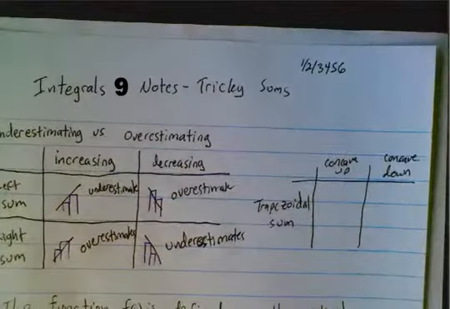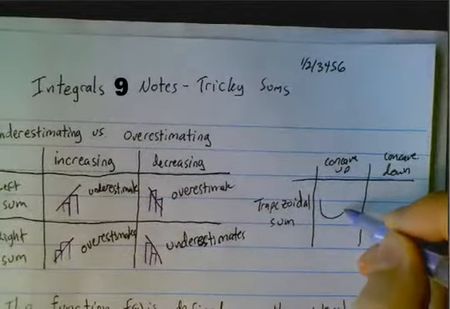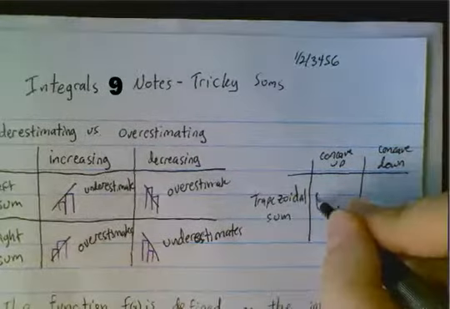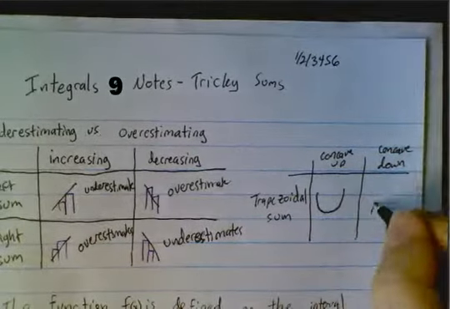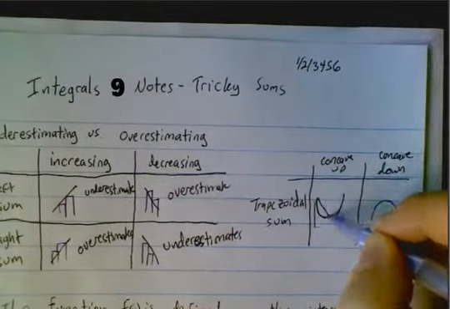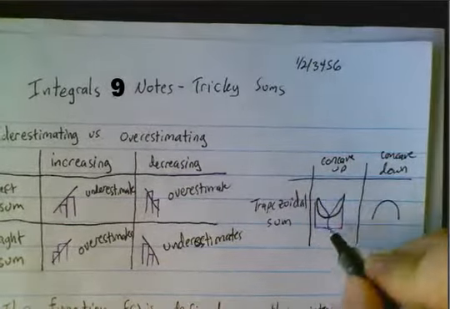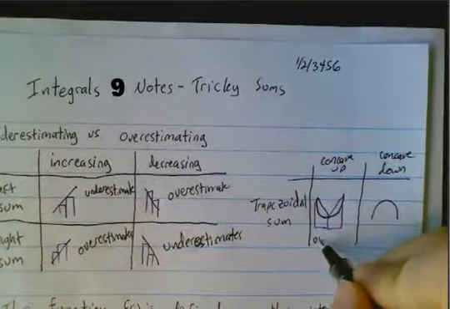For the trapezoidal sum, increasing, decreasing doesn't matter, but for concave up, whoops, wrong color, concave up, trapezoidal sum overestimates.